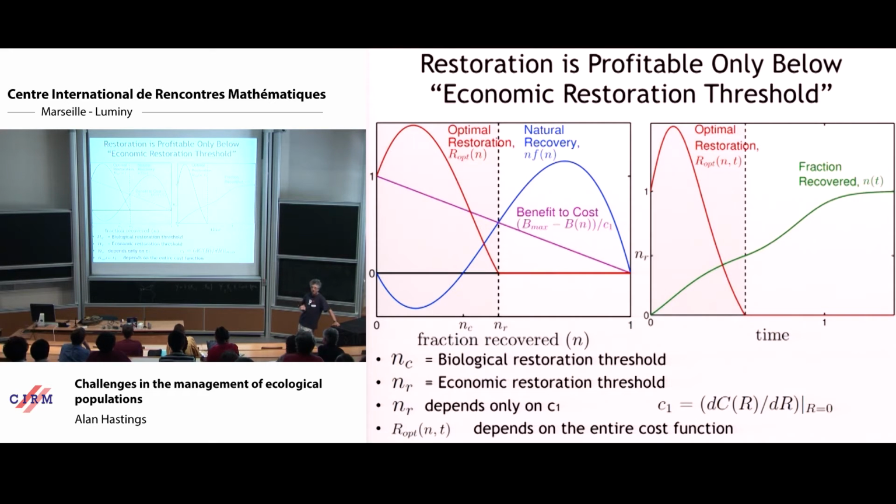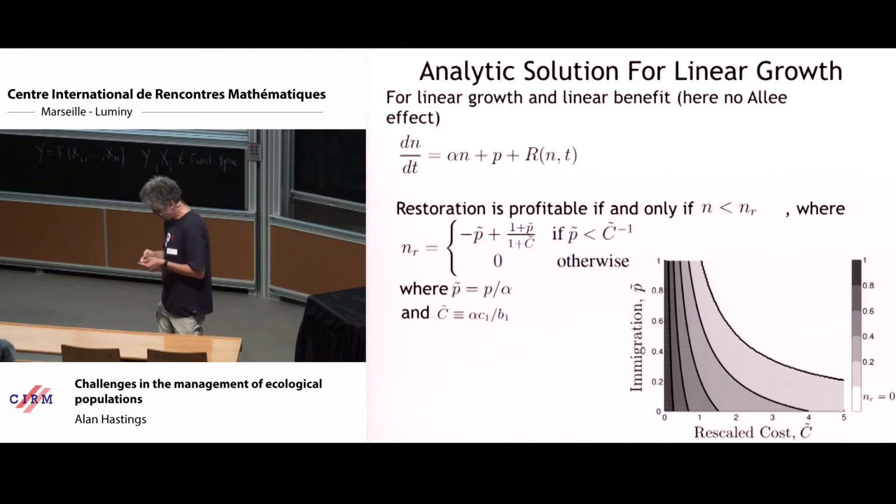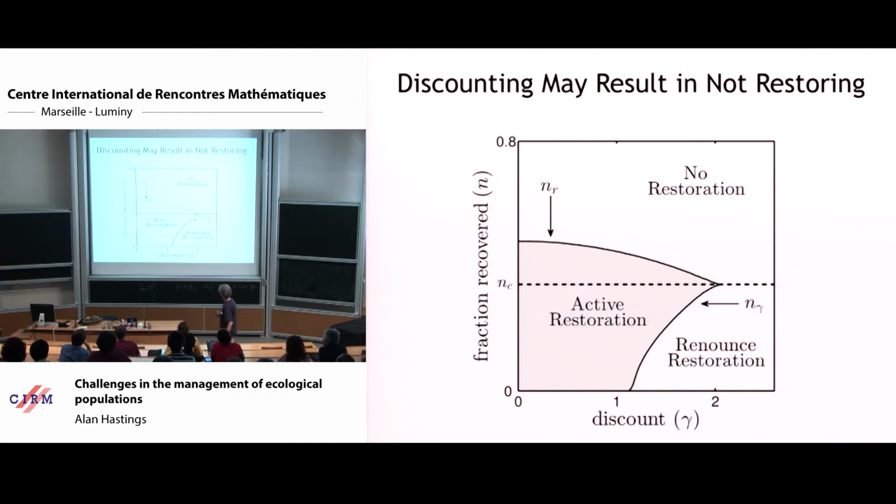But again, you've got this simpler heuristic, at least, so when you should be spending to restore is much easier to calculate. We can do analytic solutions for linear growth, for quadratic growth, and discounting, as I suggested earlier, may result in a decision not to restore.